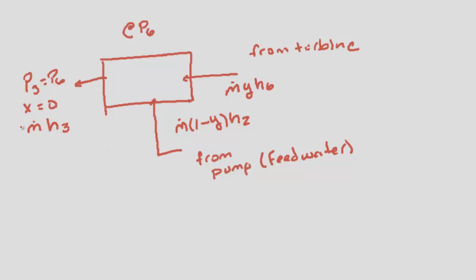let's write correctly, we have at the inlet two inlets. This is the energy associated with the vapor that we get from the turbine, plus the energy associated with the fluid that comes from the pump.